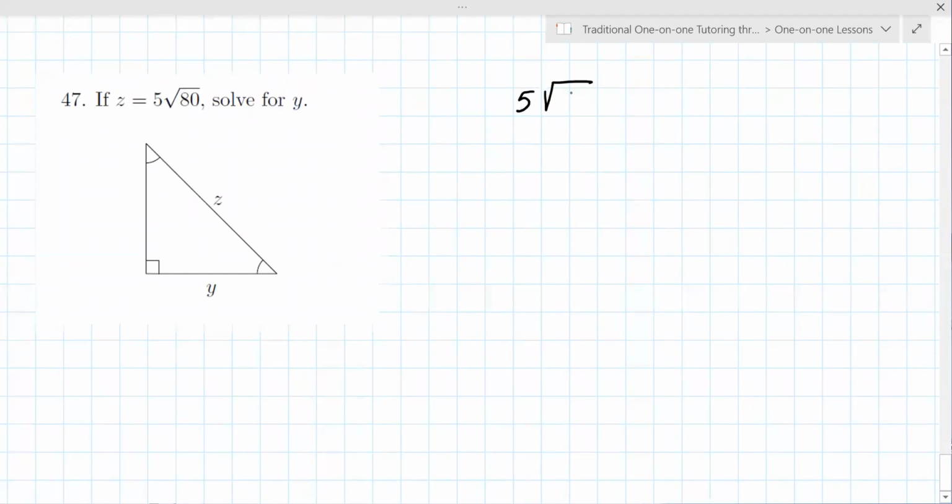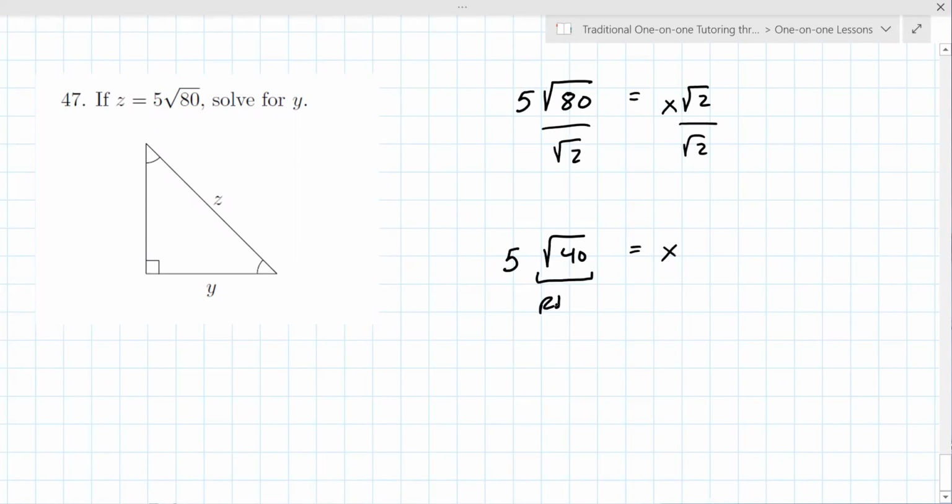So you said 5 square root 80 equal to x root 2, you divide by root 2. And like we've done now, it's 5 square root 40 because the 80 divided by 2 is 40. But this is not the final answer because this right here you have to reduce. So I'd like you to try reducing the square root of 40 for me, please.